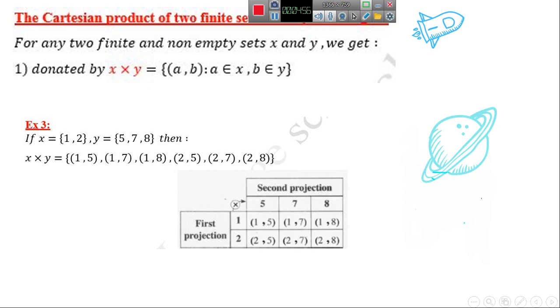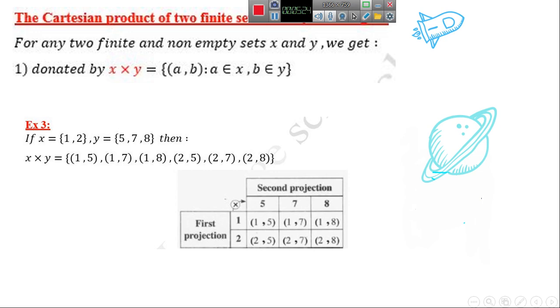After that, the second element 2 will always be paired with all elements of y, to make (2, 5), (2, 7), (2, 8). Then for x cross y, we got the ordered pairs (1, 5), (1, 7), (1, 8), (2, 5), (2, 7), and (2, 8).